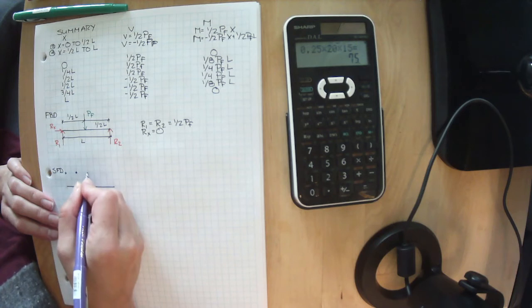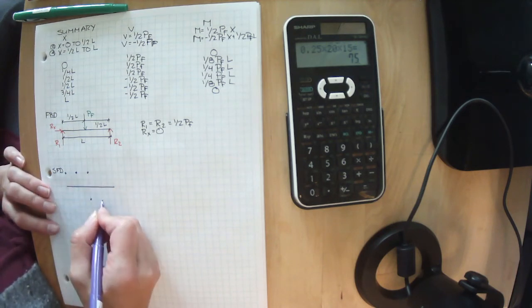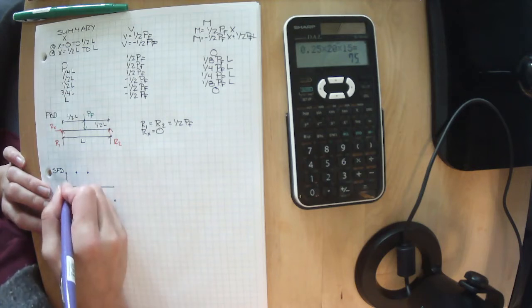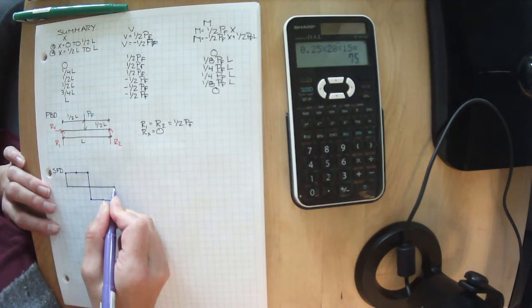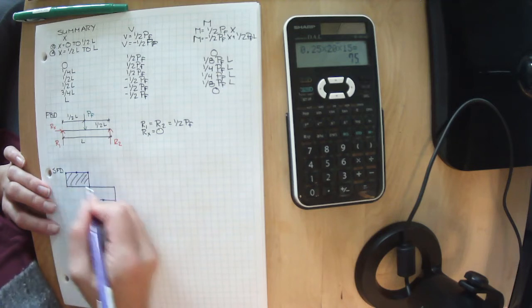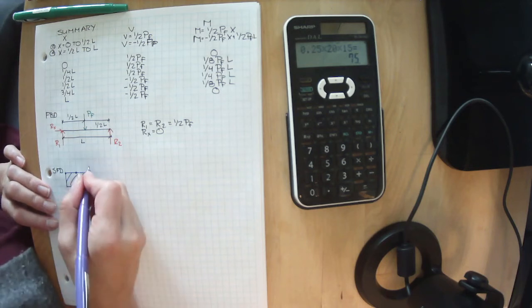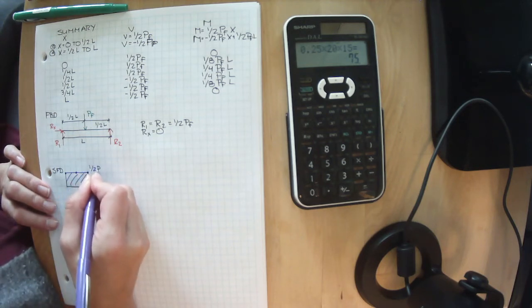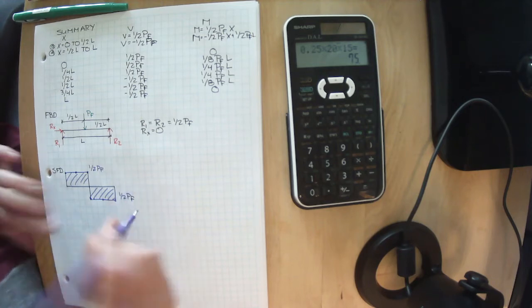Didn't seem to matter where along there we did it. We were at 1/2 PF. And then we jumped down to negative 1/2 PF. Remember I said once we get to this point of graphing it, it's absolute values. I don't care. So this is 1/2 PF, and this is 1/2 PF.